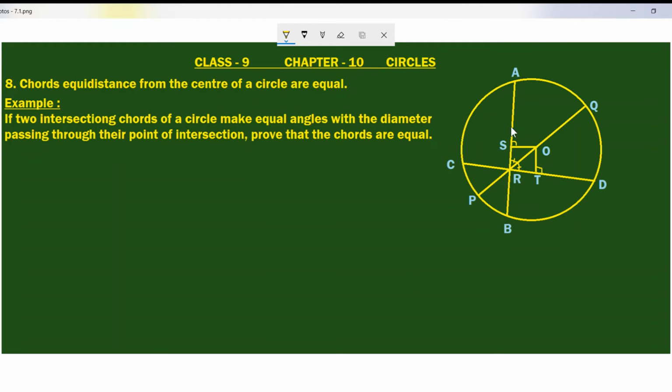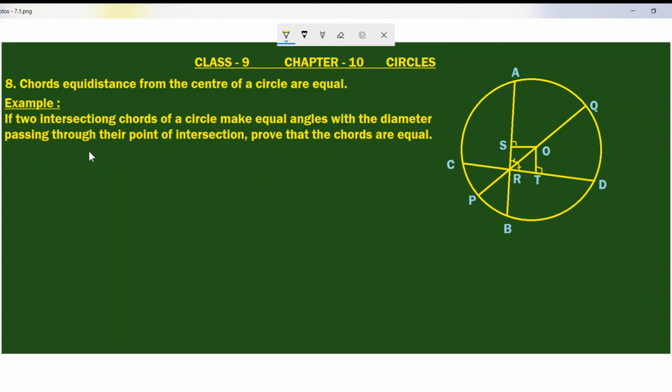Here, there are two chords AB and CD, both intersect at R. Then we have drawn a diameter PQ through this intersecting point R. So these two chords subtend equal angles with the diameter, that is given in the question. They make equal angles with the diameter passing through their point of intersection.